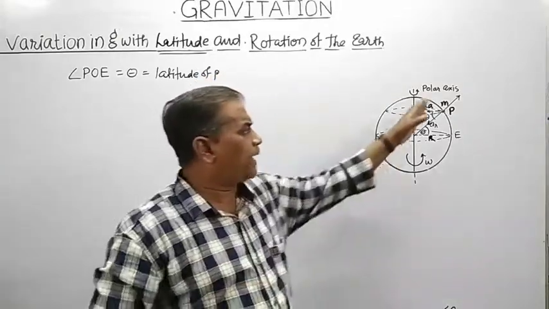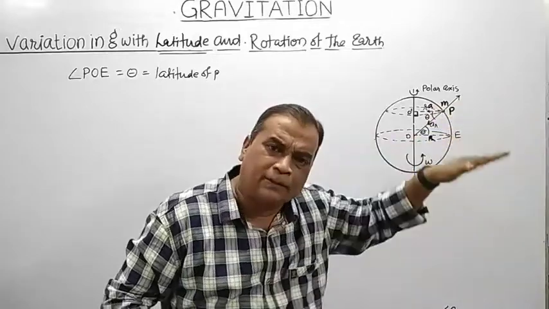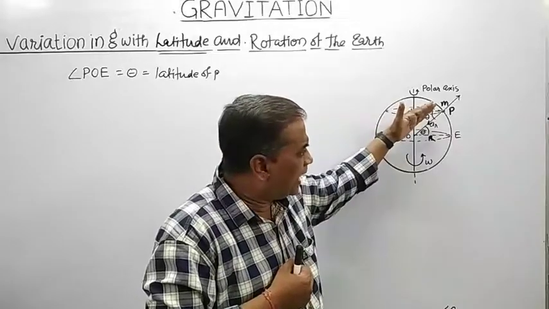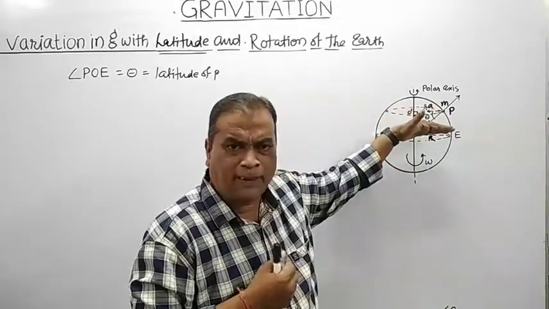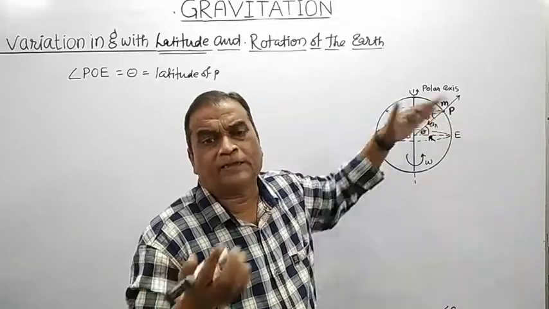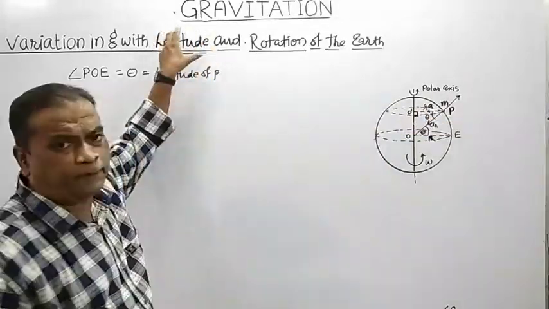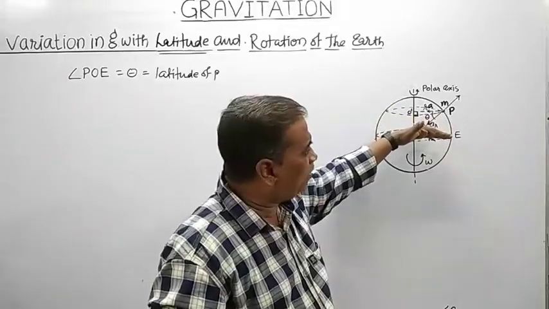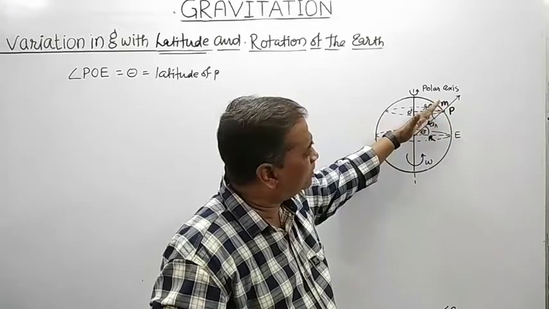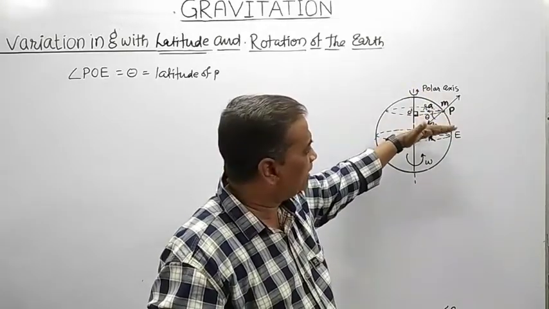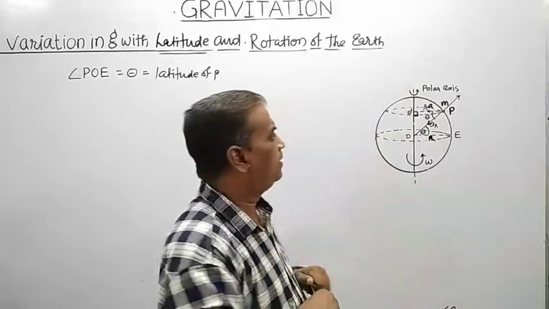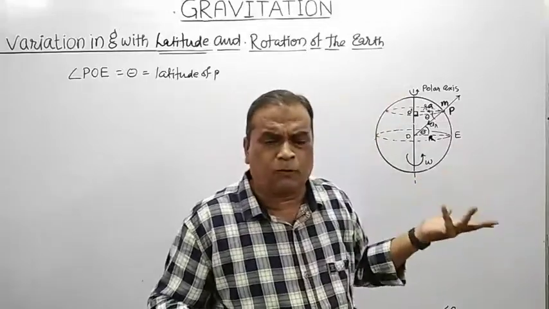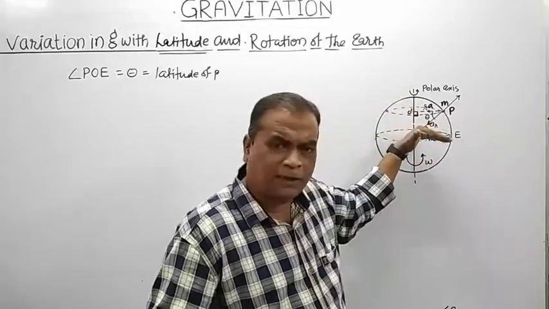See here, if the particle itself is lying on the equatorial plane of Earth, at any point on the equator of Earth, what is the angle made by the radius vector with the equatorial plane? Theta is 0. It means the minimum value of latitude of a particle is 0. And as the particle lies on the surface moving towards what? The polar axis, angle theta goes on increasing, and finally when the given particle lies on the North Pole or South Pole, what is the angle made by the radius vector with the equator?